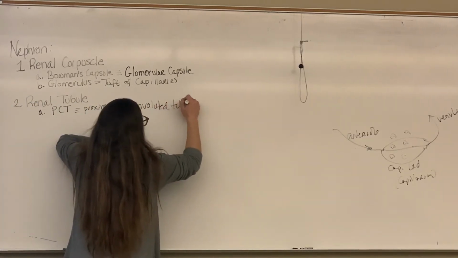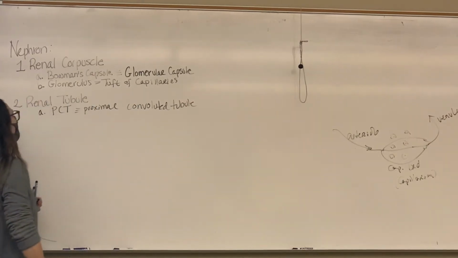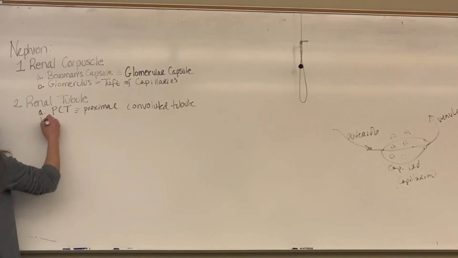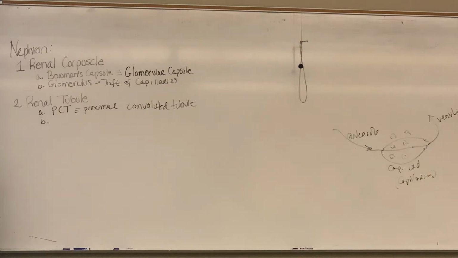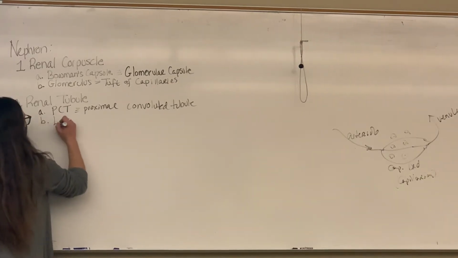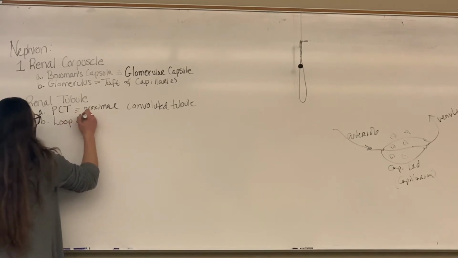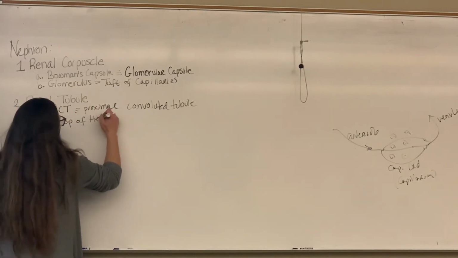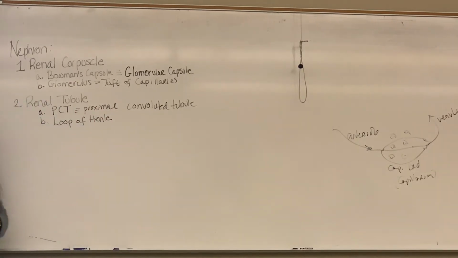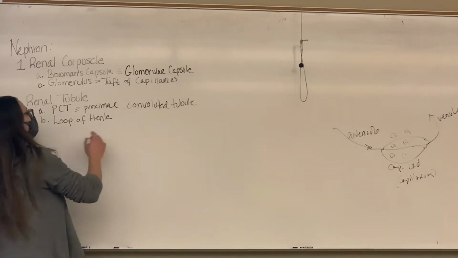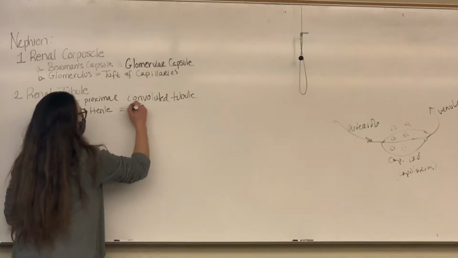Tubule because it's a little tube. Next, the filtrate traveling through the PCT will now travel through what's called the loop of Henle. And again, the trend is to move away from persons' names. You'll also see the loop of Henle called the nephron loop.